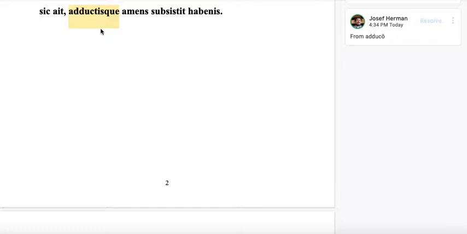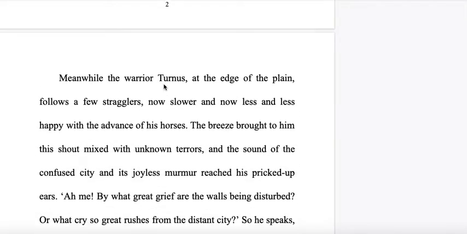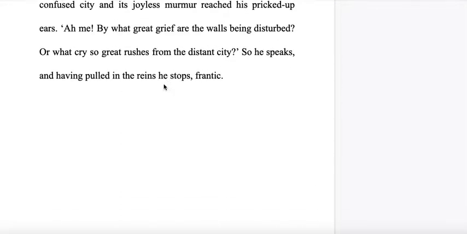And adduco means to lead something towards yourself. So the idea is that he has led the reins towards himself. He's pulling in the reins. Okay, so one more time. So he speaks, and with the reins having been pulled in, habenis adductis, he stops, subsistit, amens, frantic. Okay, and then you can see the translation there.